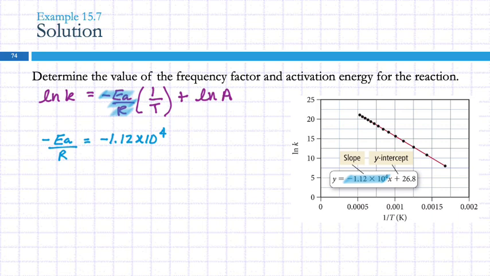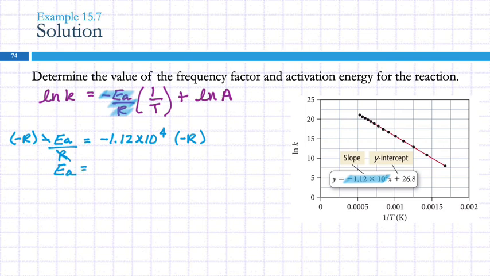They are just equal. We don't have to do anything to it. Now, to solve for EA, we need to do a little bit of algebra. If we multiply both sides by negative R, then that negative cancels and the R cancels, and now we have EA.